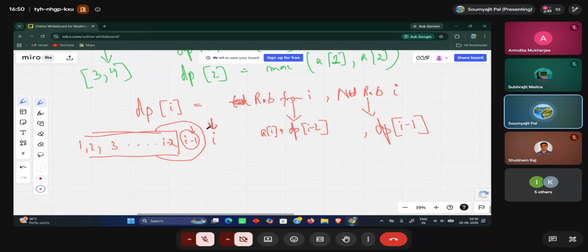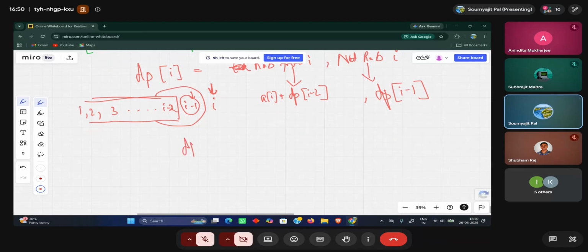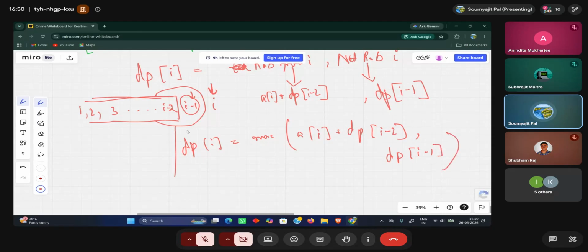So my required transition is dp of i is basically max of a i plus dp of i minus 2, comma dp of i minus 1. Right, this is my required transition.